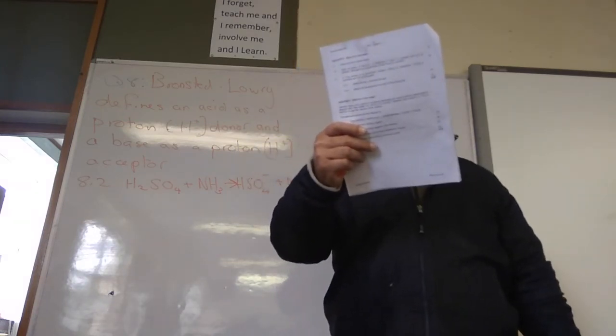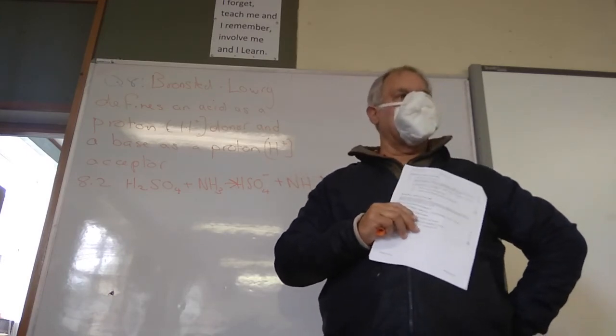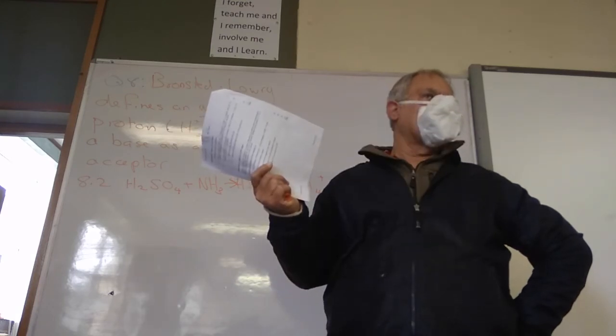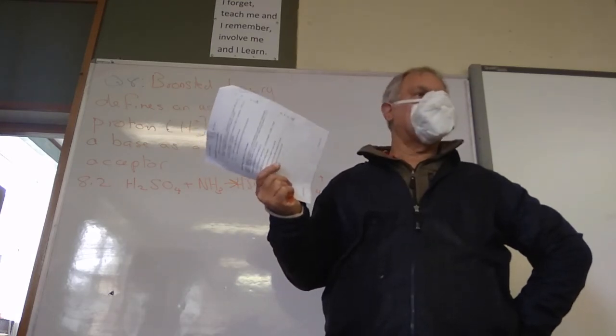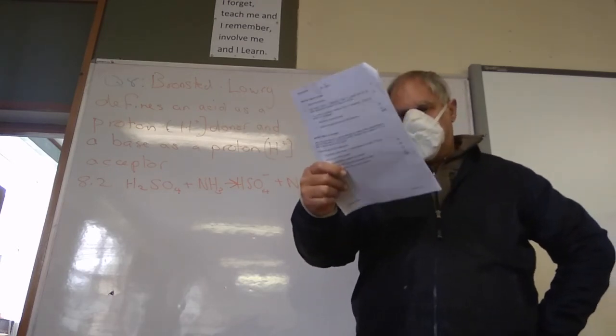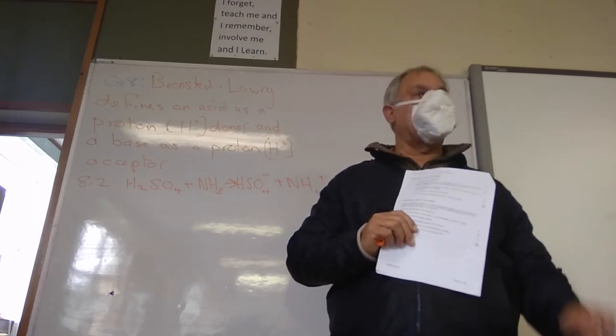Now, which of the two looks the most similar to this one or this one? The first one. And those look similar to each other. That's your conjugate acid-base pairs.